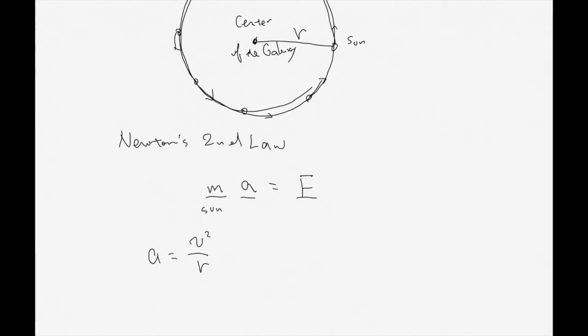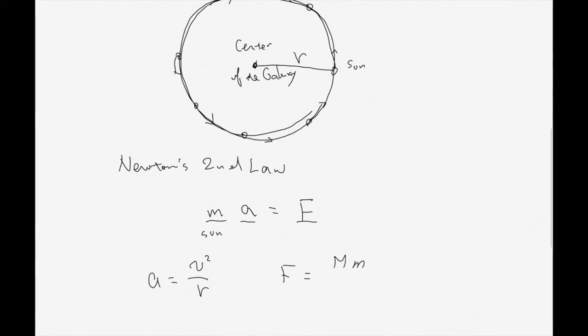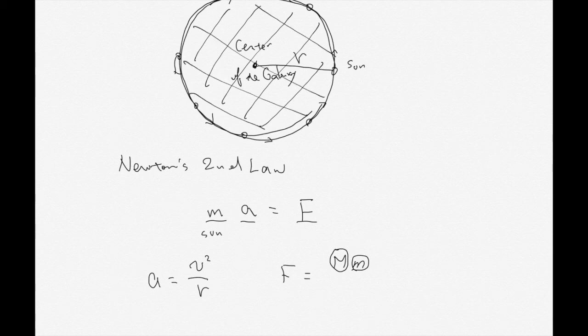For F, the force acting on this object, we use the universal law of gravitation. This is one of the greatest discoveries by Isaac Newton. It is proportional to the product of the two masses. The lower case m is the mass of the Sun, and the capital M corresponds to the mass inside of the orbit.